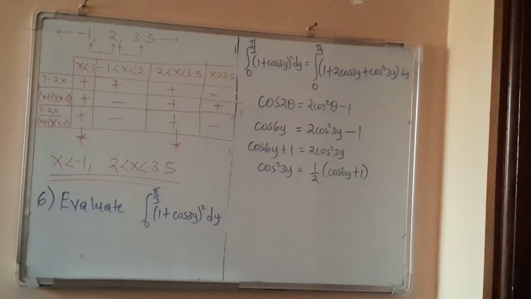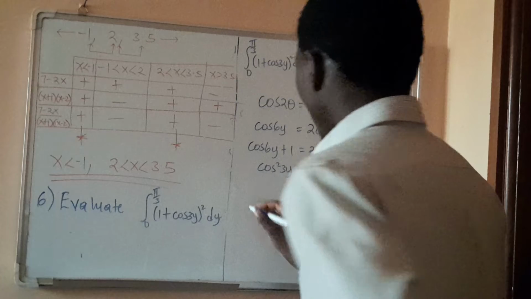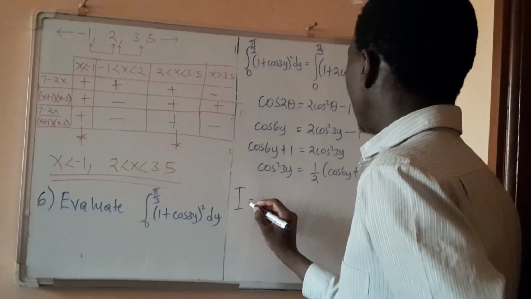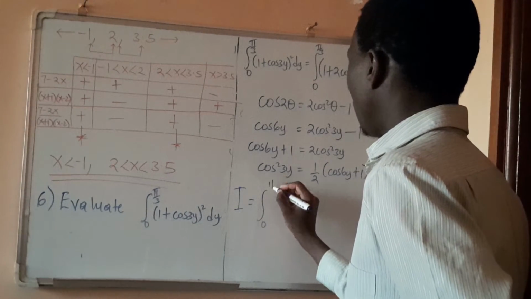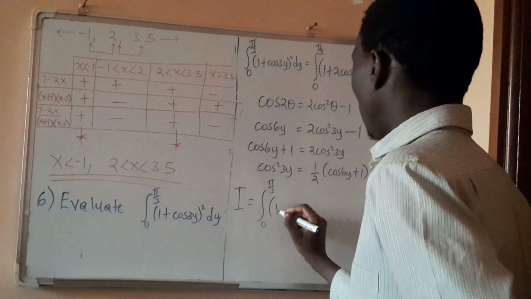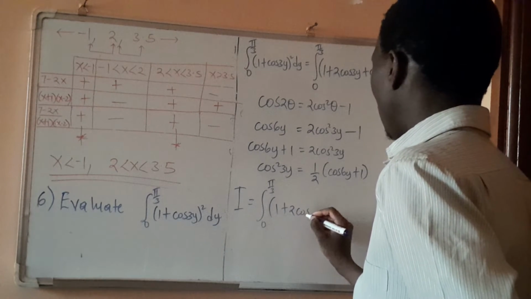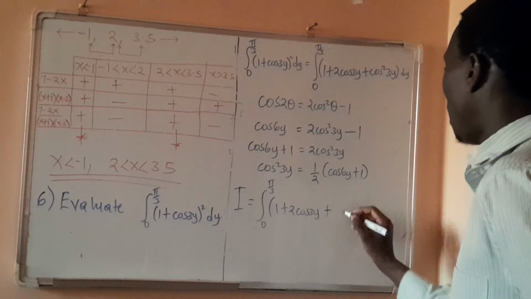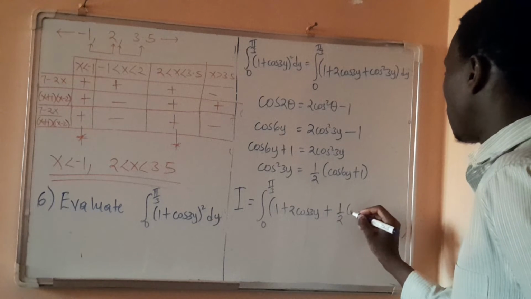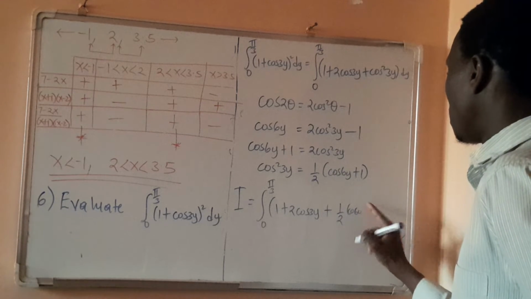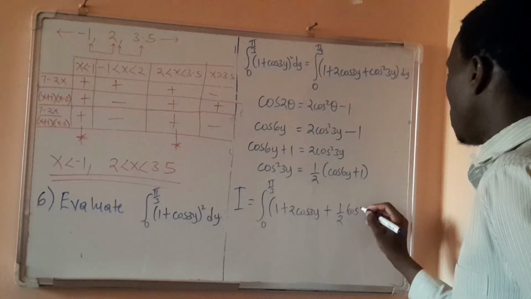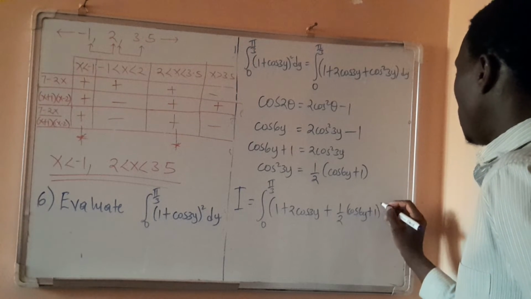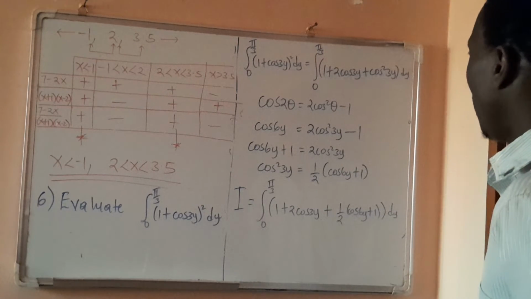Half cos 6y plus 1. Now we can substitute back. So our integral, which I'm calling I, is now equal to the integral from 0 to pi over 3 of 1 plus 2 cos 3y, plus a half of (cos 6y plus 1) dy.